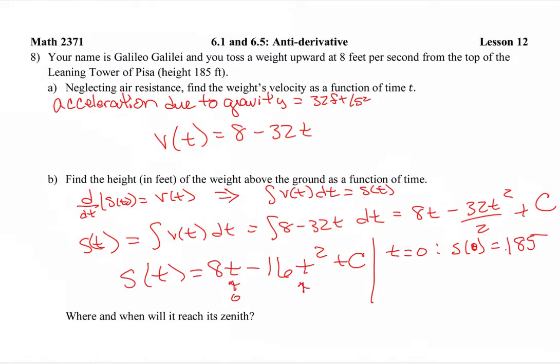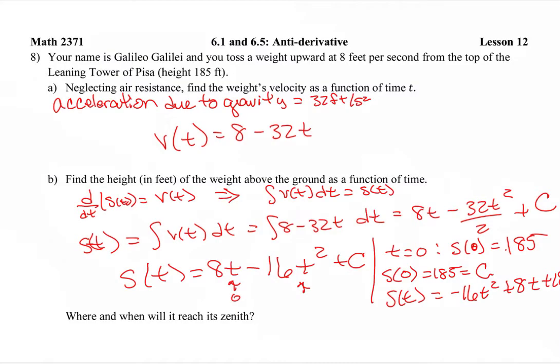So s of 0 equals 185, so that equals c. So this tells us that s of t equals minus 16t squared plus 8t plus 185. All right?